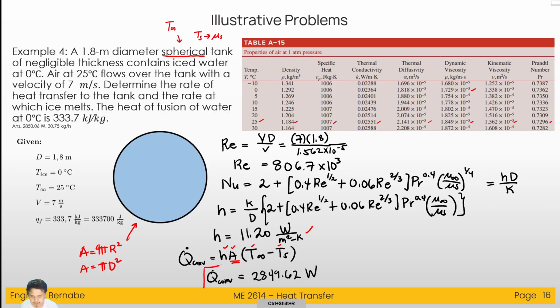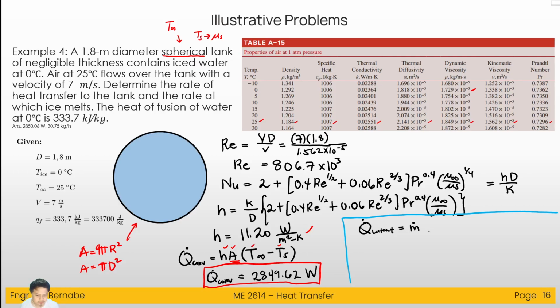Okay. So now for the rate at which the ice melts. So I think at this point you're already familiar with latent heat, no? So for latent heat, remember that Q latent, no, this is equal to the mass flow rate, the mass that could be changing phase, no?